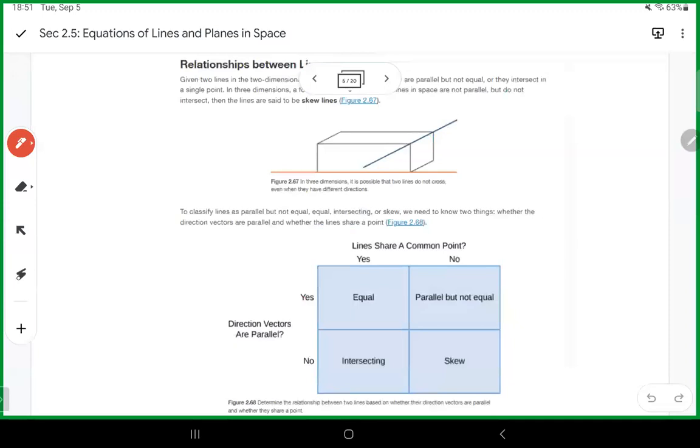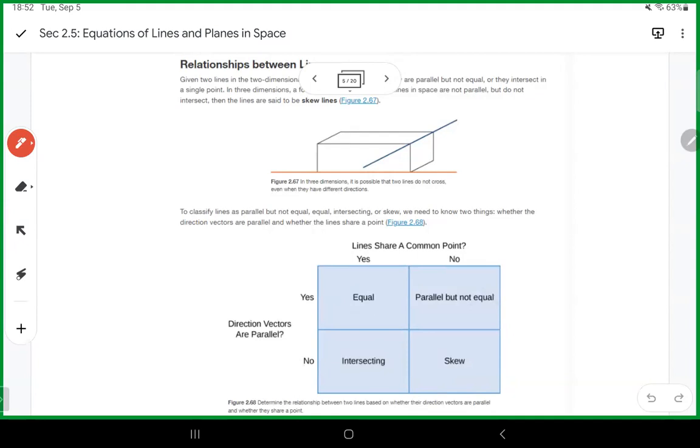Right? Okay, so relationship between lines. I just threw this in here. The textbook had it, so I assume it's kind of important, I guess. So if lines share a common point, and the direction vectors are parallel, then they are equal. If they do not share a common point and they are parallel, then they are parallel but not equal.